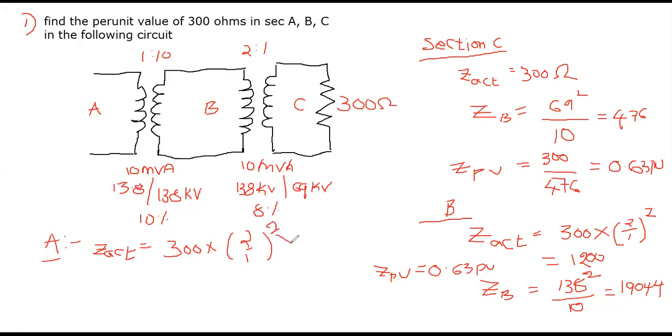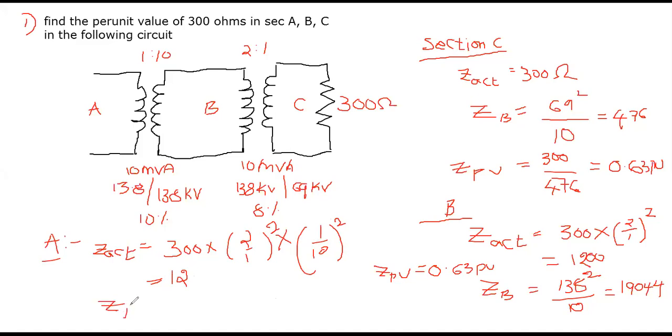Later that has to be multiplied by 1 by 10 whole square, because one more step is there. By using this turns ratio, you are shifting that to the second one. Directly you can also take 1200 multiplied by 1 by 10 whole square. So what you will get? You will get only 12. Now Z actual is this one.